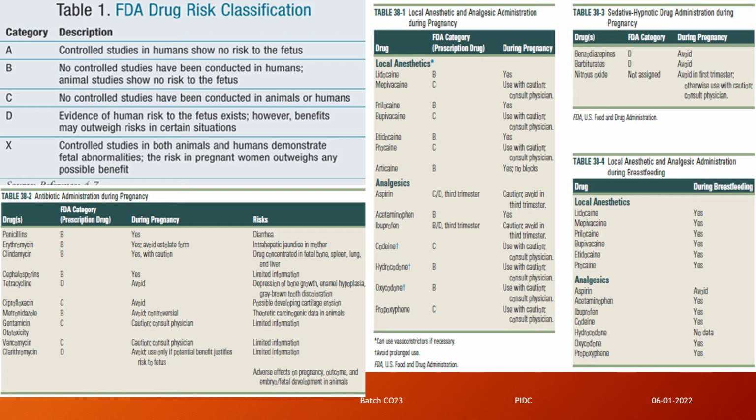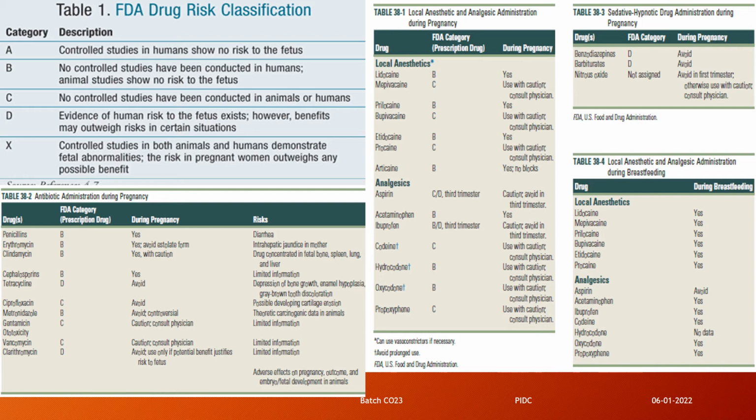Whereas C means no controlled studies have been conducted in animals or humans. And D shows that evidence of risk to humans exists, though benefits may outweigh it. And X means fetal abnormalities have been clearly demonstrated. So out of these categories, A and B are the safest.